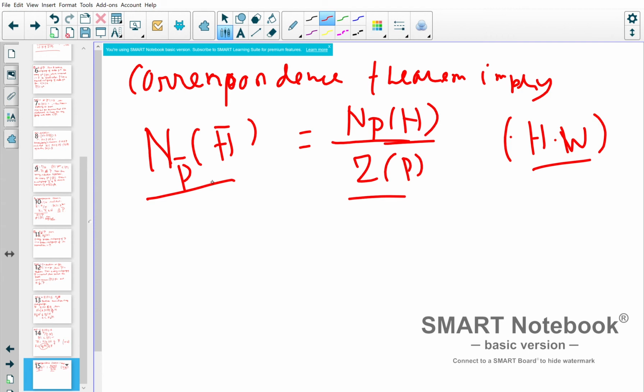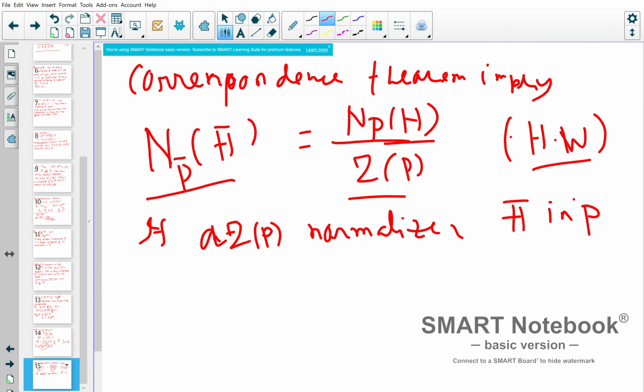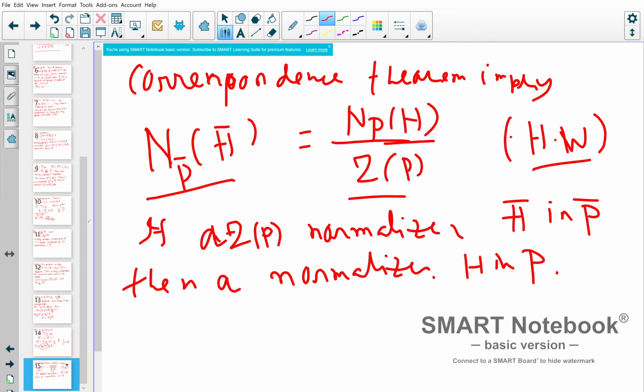And what you need to prove is that if you have something which normalizes H bar in P bar, then that element also normalizes H in P. So if aZ(P) normalizes H bar in P bar, then a normalizes H in P. This proof is simple, you do it.